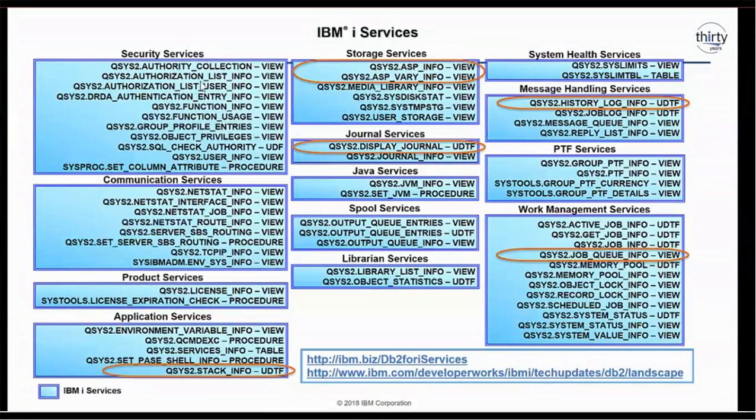Anyway, these services are listed here. You can find out more information about them at the links down here at the bottom of the page, but also listed is how they are delivered, whether through an SQL view or a user-defined function or actually a stored procedure. And that helps us determine how we can incorporate them into web query.